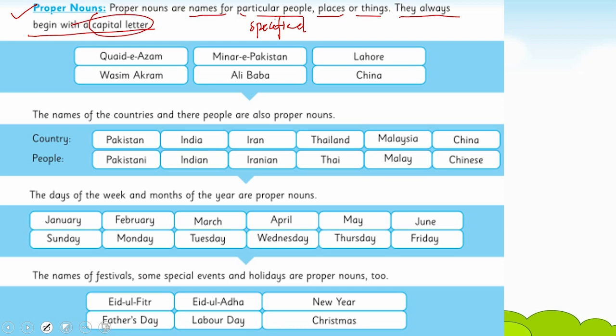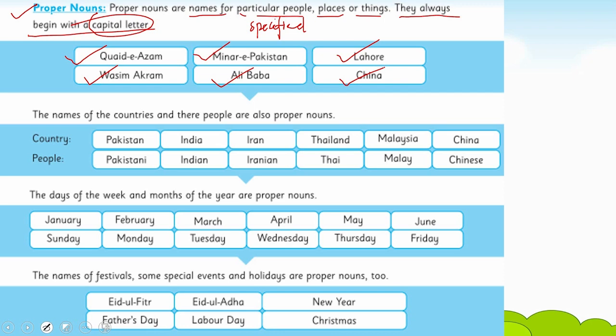For example, Qaid-e-Azam, Minar-e-Pakistan, Lahore, Wasim Akram, Alibaba, China. Now here, Qaid-e-Azam refers to a specific person. Wasim Akram refers to a specific person. That is why they are termed as proper nouns.